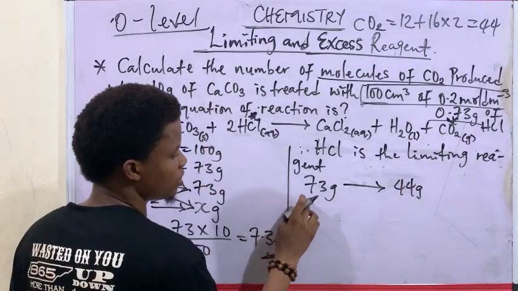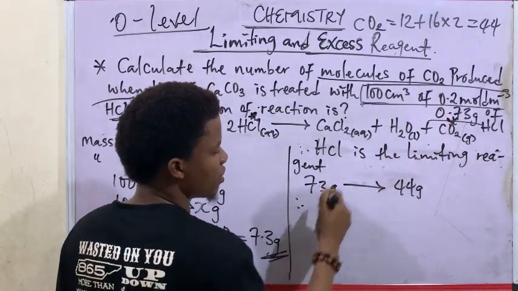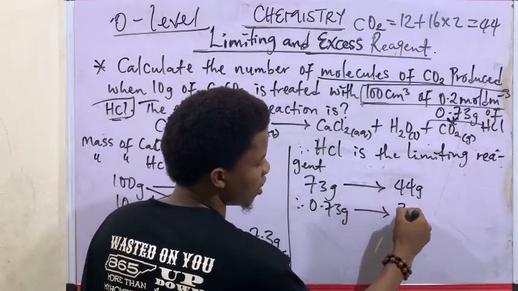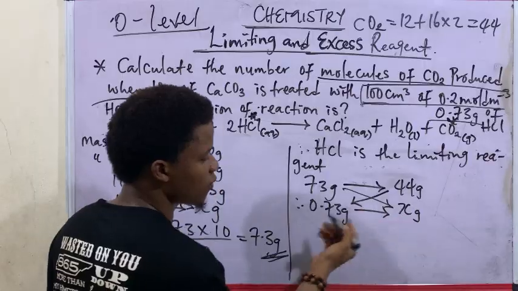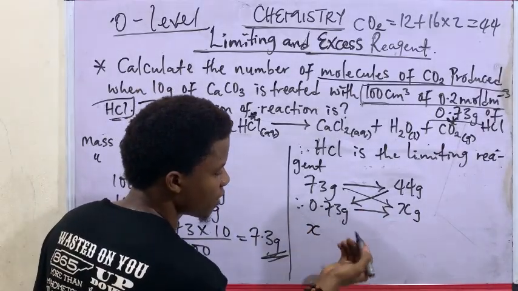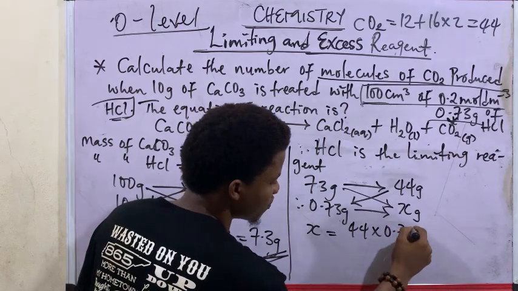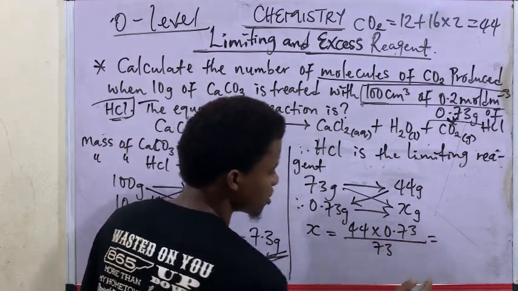So therefore, the limited amount we're given is 0.73 gram. We produce how many gram of CO2? So by the time we cross multiply and divide, we're going to arrive at x is equal to 44 times 0.73 all over 73.